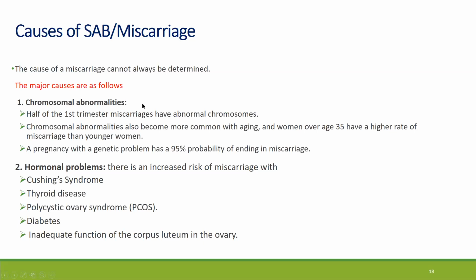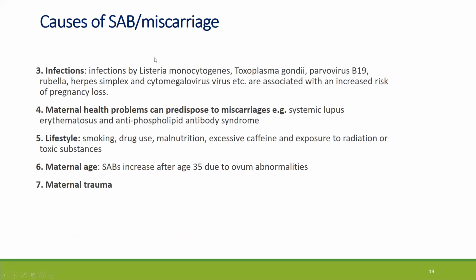So the most common cause, especially in the first trimester miscarriage, is chromosomal abnormality. Hormonal problems, Cushing syndrome, thyroid disease, polycystic ovary syndrome, diabetes, and inadequate function of the corpus luteum, all of them are causes or risk factors for spontaneous abortion or miscarriage.